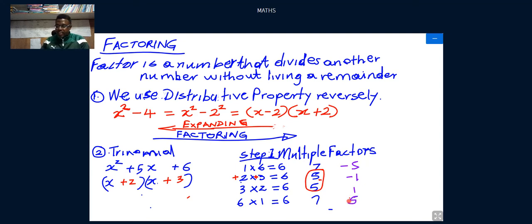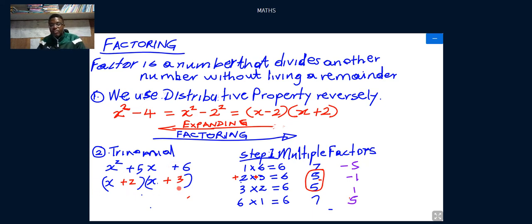So in this case, there was no need for us to subtract. We were only required to add, because the middle term is a plus sign, and the third term is also a plus sign.